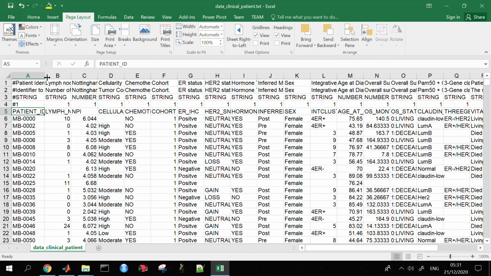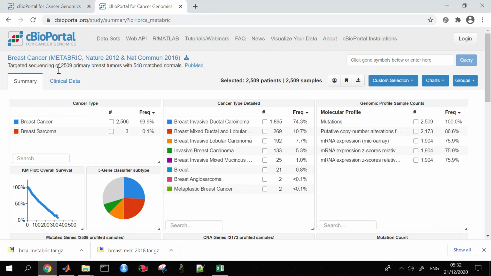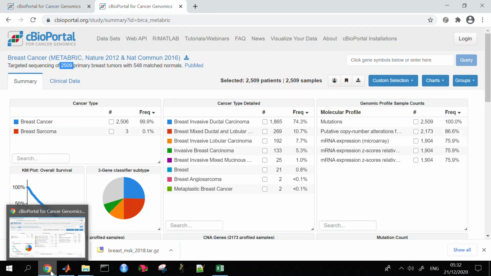But sometimes there are more patients in the clinical table or the gene expression table, so even though you might see that this data set has 2,509 patients, well, if you intersect both of the tables, and you need this intersection, then you will have less number of patients.